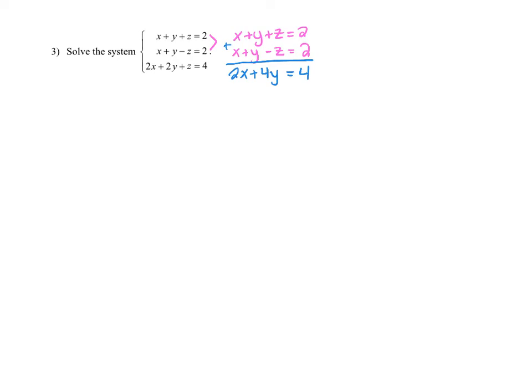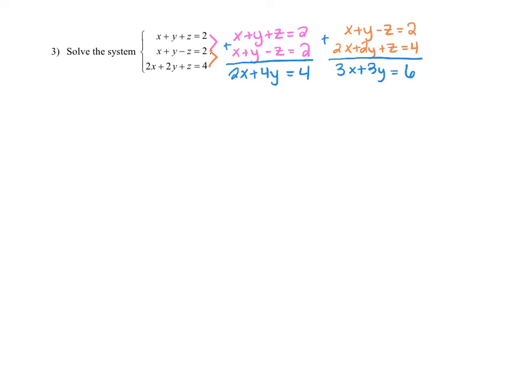Then I'm going to do the same thing, but with the second equation and the third equation. So I'm going to have x plus y minus z equals 2, and 2x plus 2y plus z equals 4. Now I'm going to add these two equations together, and my z's will eliminate, and I will get 3x plus 3y equals 6.